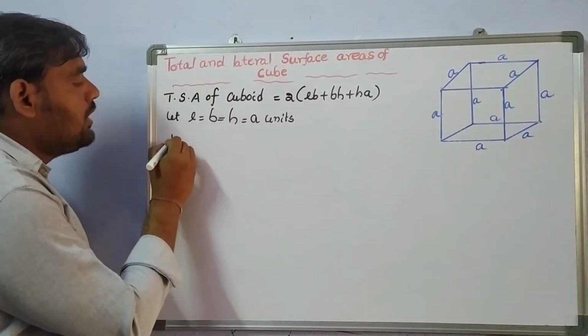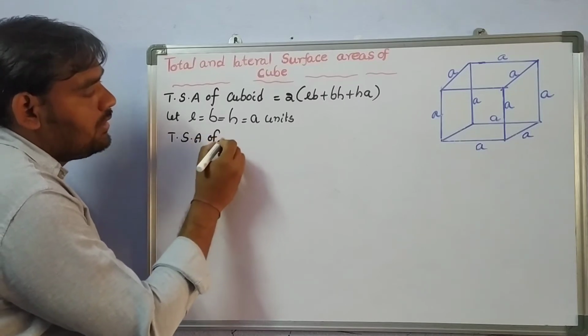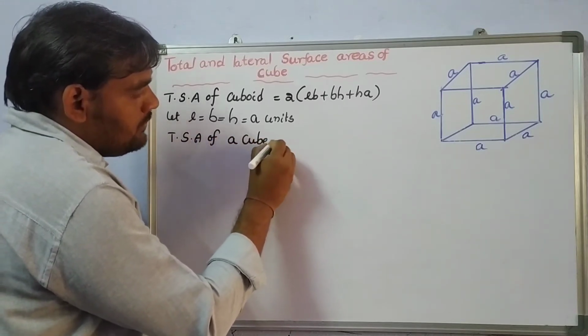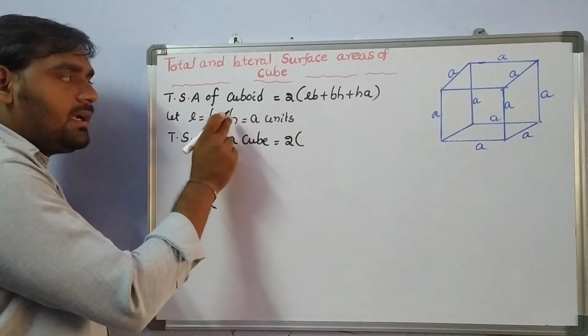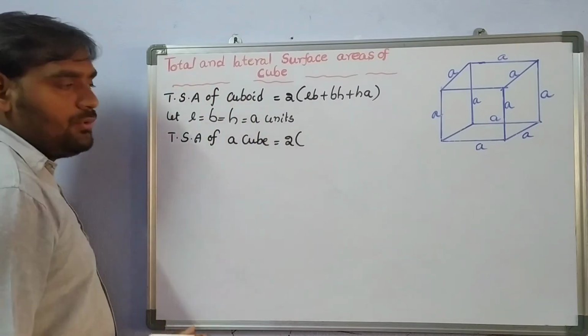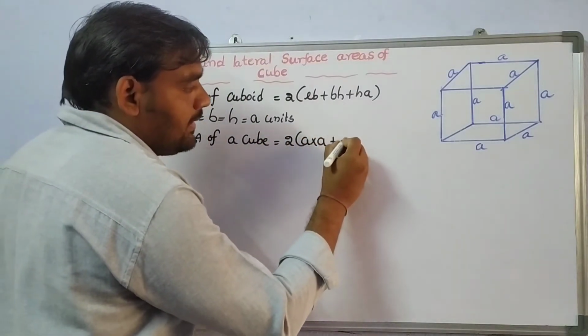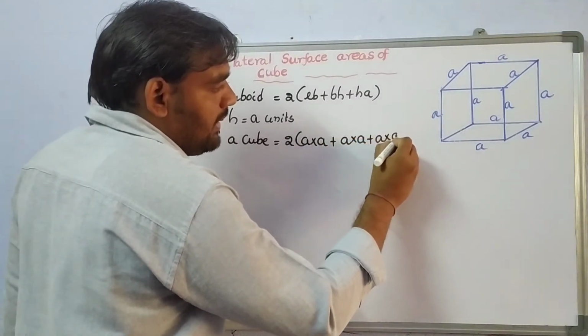Now, TSA of cube is equal to 2 into, here I have considered length, breadth and height equal to a units, so a into a plus a into a plus a into a.